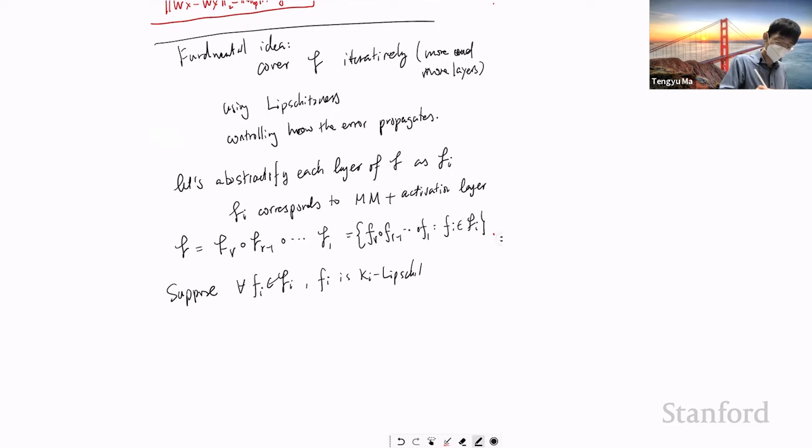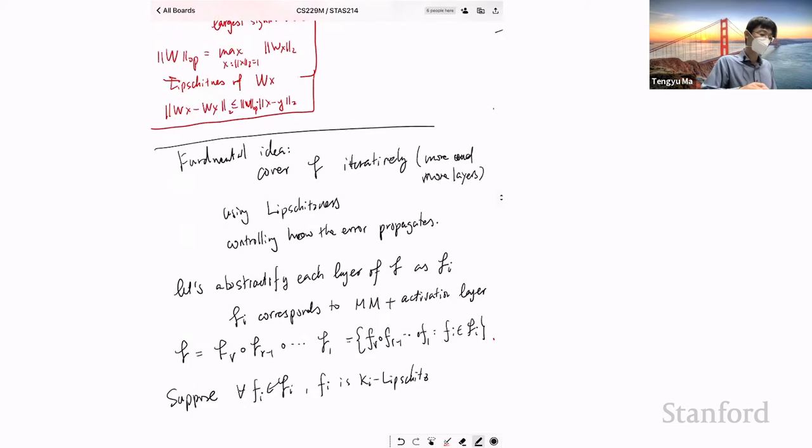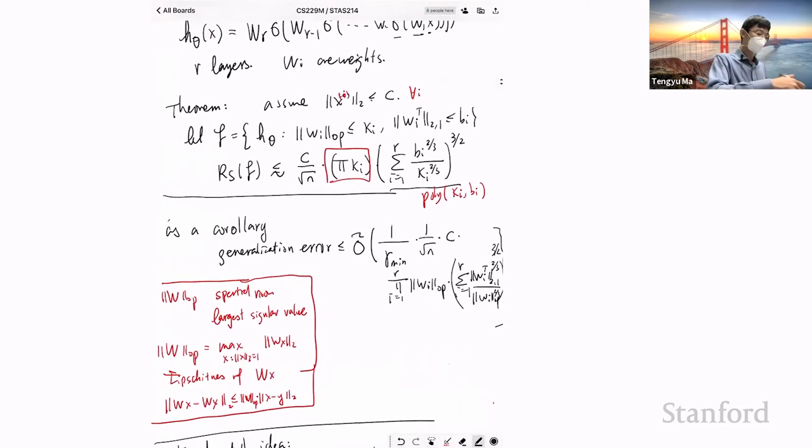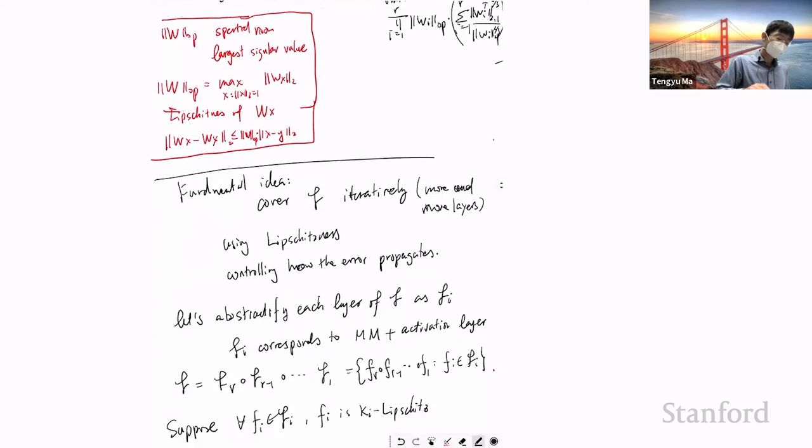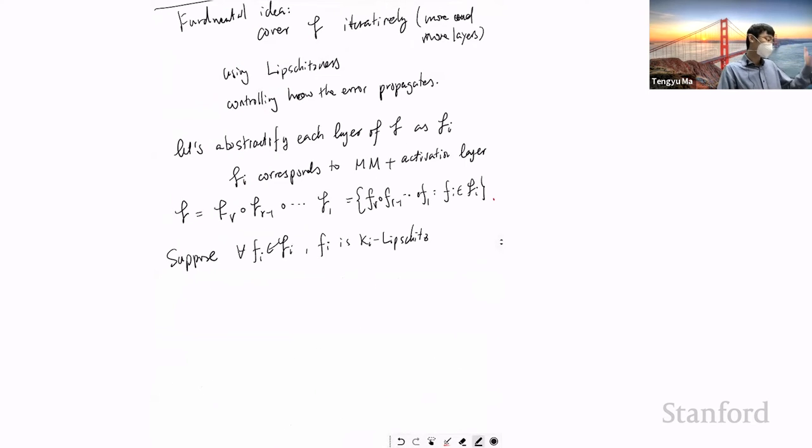This is actually the case for us because we restricted the operator norm of each of the Wi's to be less than kappa i. That means every layer is kappa i Lipschitz, and the ReLU is 1-Lipschitz, so even when you compose with the activation, it's still kappa i Lipschitz.